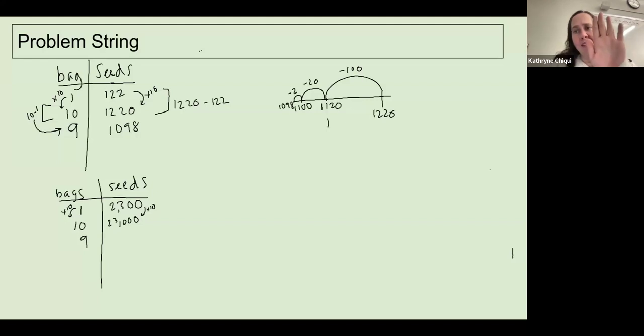Type your answer in the chat, but wait to send it. Okay, why don't you hit send in that chat?